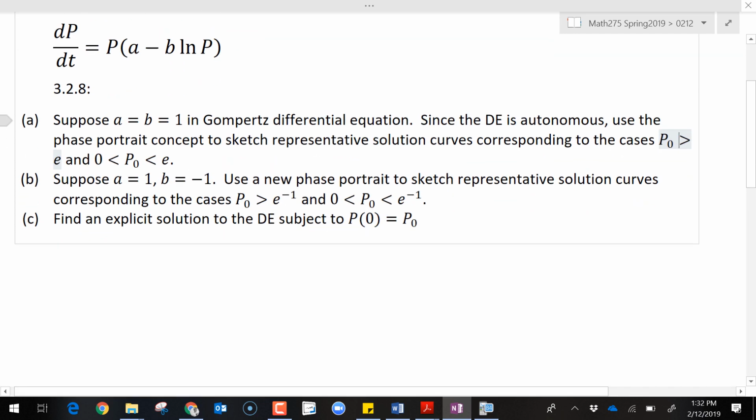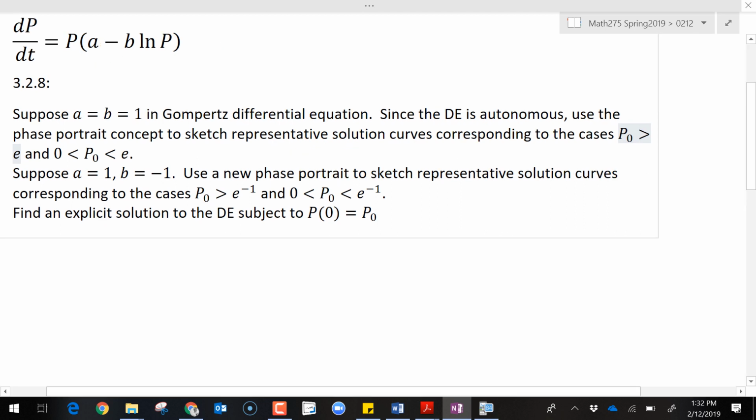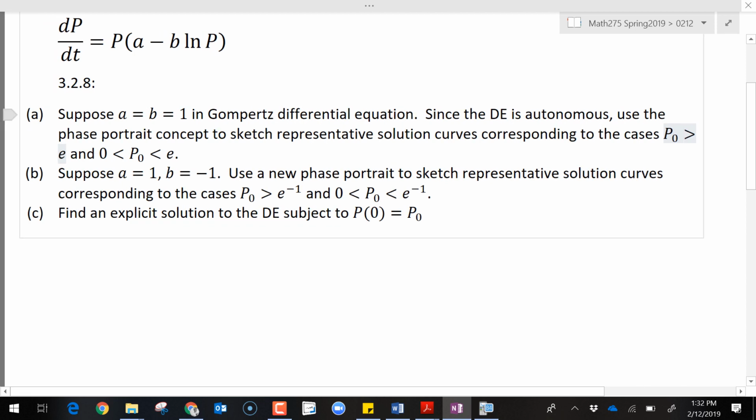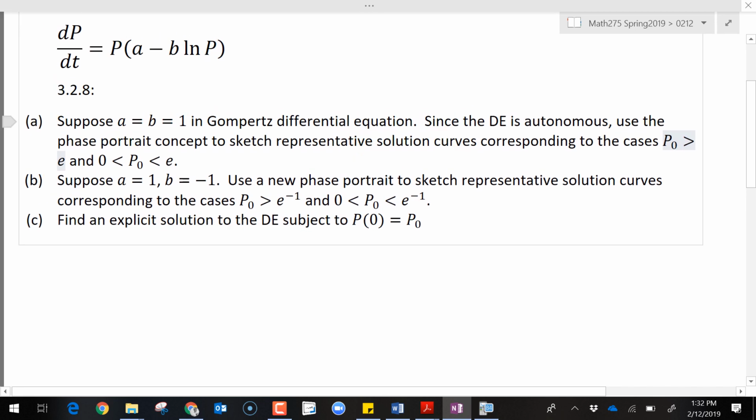Oh, let's see. Phase portrait. So for the case where a and b are both equal to 1, dP/dt is equal to P times (1 minus ln P). So it would look like that.